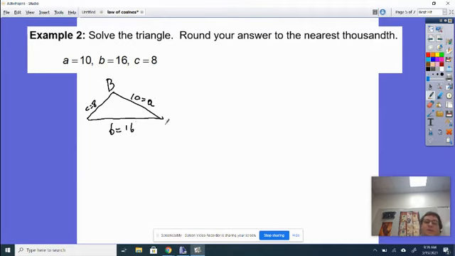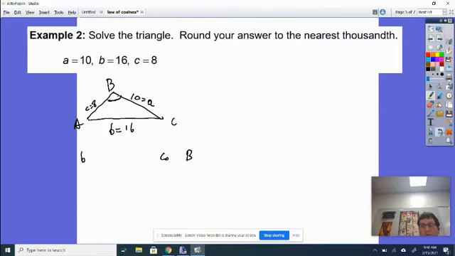Okay, so big B, big A, big C. Now, again, the rules on these ones are we have to find that longest side first, and then we avoid the ambiguous case. So we do want to, or longest angle first, biggest angle. So we use the longest side, biggest angle. Okay, so we're going to be using B's. So I'm looking for B. So what I'm looking for goes on the outsides.